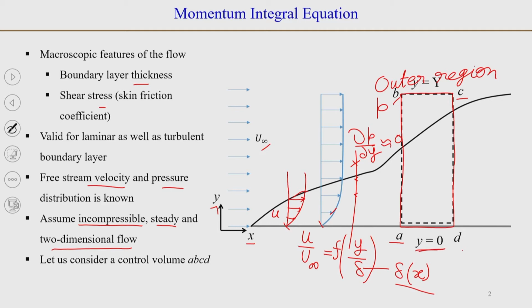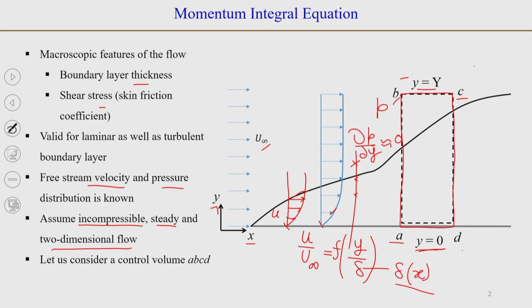So, it starts from y is equal to 0 and goes on up to y is equal to capital Y. We consider here that the BC surface is parallel to this wall and AB is normal to the free stream direction of velocity, and then you have CD.